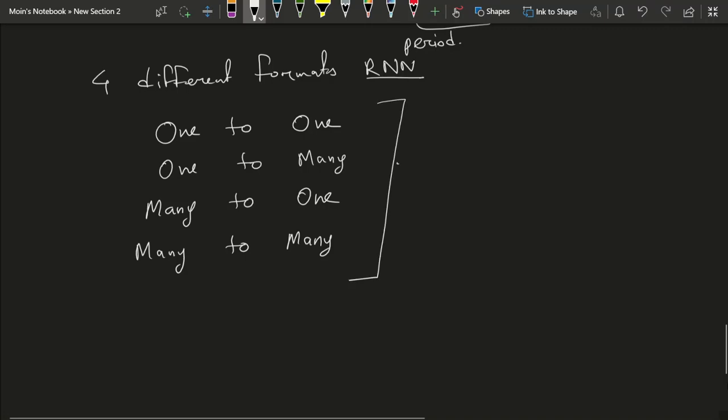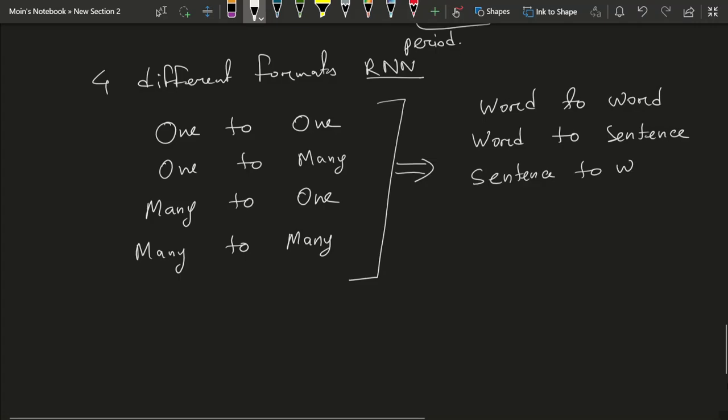This could be mapped as word to word, word to sentence, sentence to word, sentence to sentence. So one could be replaced with word and many could be replaced with sentence.